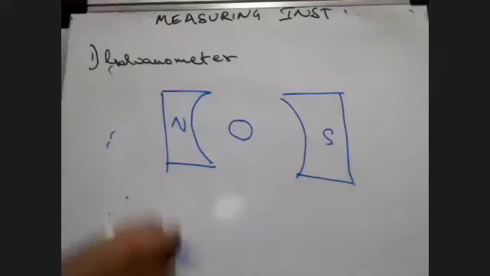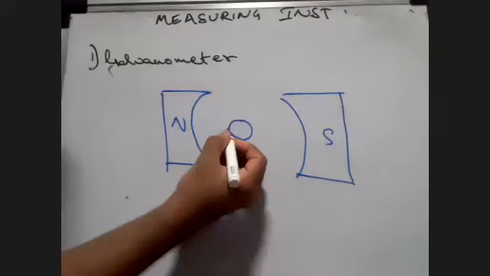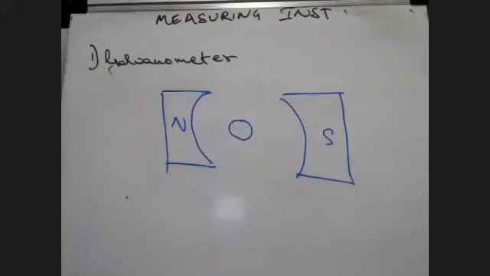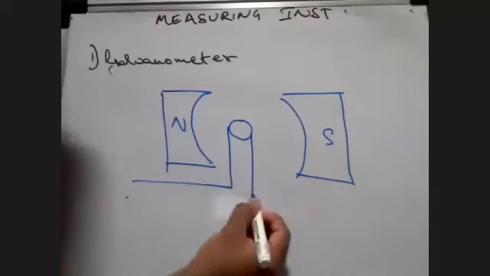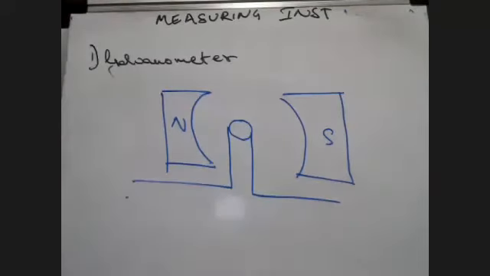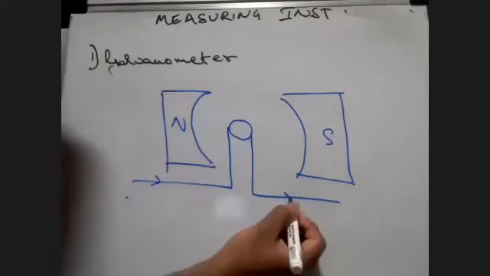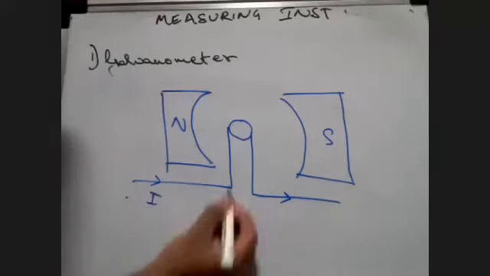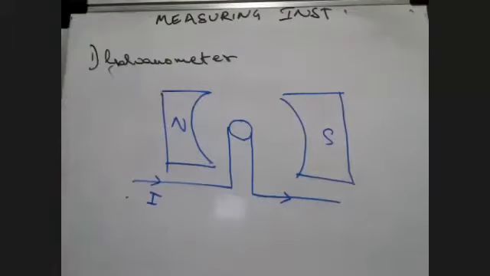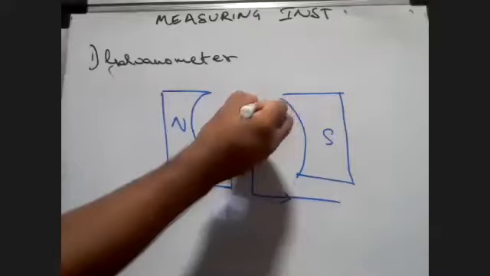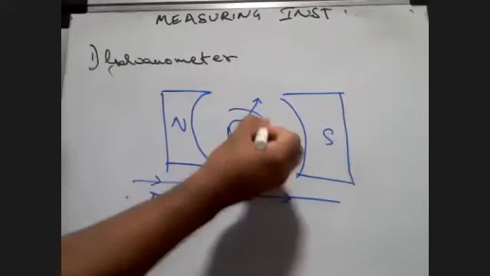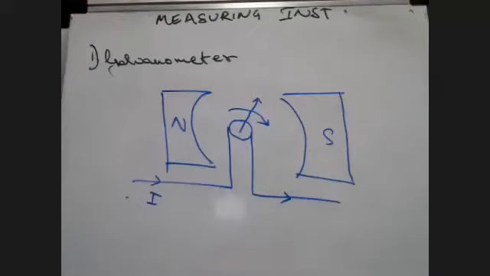It was observed that whenever a current I is passed through this coil in the presence of a permanent magnetic field, there is a certain amount of deflection in the needle attached to the coil.